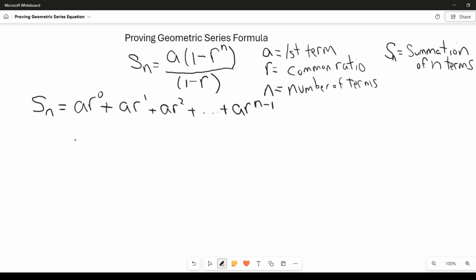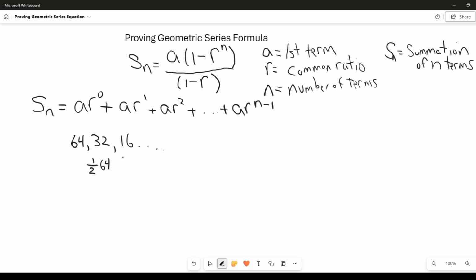So let's just say I have a sequence, for example, that goes from 64 to 32, to 16, etc. And 64 is the first term, and to get to 32, I've taken half of 64.